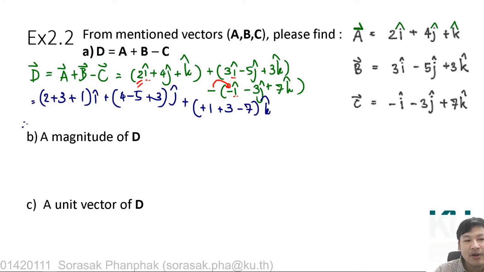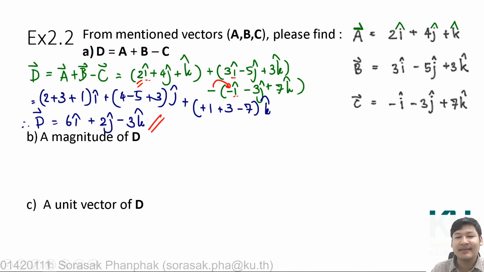So finally you get the vector D out of it. To quickly sum it up: 6i, and here 2j, and then minus 3k. So this is your vector D.